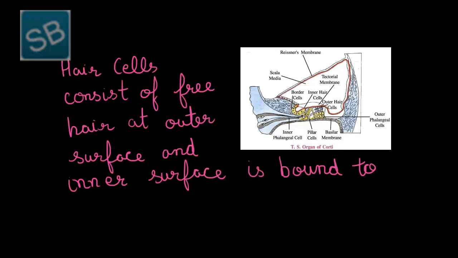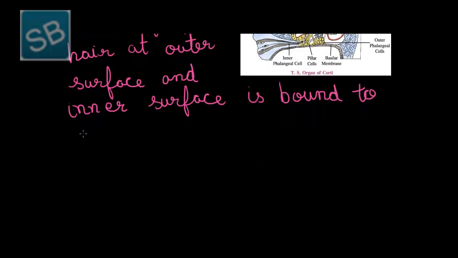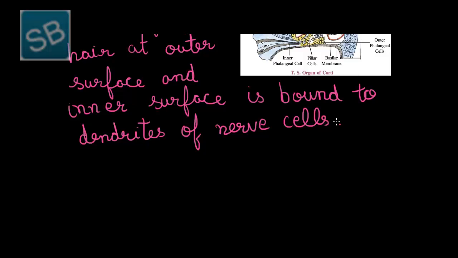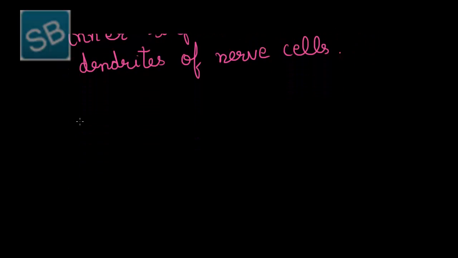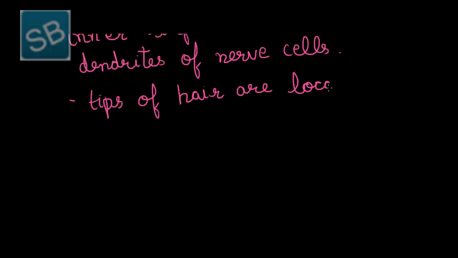So that easy transmission of sound and thereby resulting nerve impulse takes place. Now, as it can be seen from the figure, the tips of these hairs are located in the tectorial membrane.